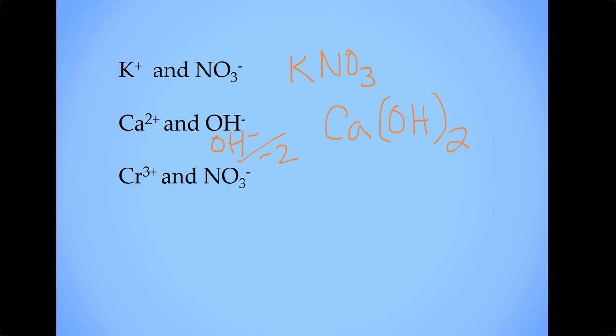It's very, very important that you put the parentheses. If you left the parentheses off, you would have this, and that is not correct. That is saying that we have 1 oxygen for every 2 hydrogens and 1 calcium, and that is not correct. We need to have 2 hydroxide groups for every 1 calcium.